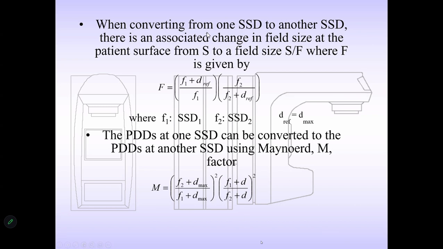And if you get a problem, it is to solve. Okay, if you want to know what is the PDD for a specific SSD, then you just multiply it by the Mayneord factor. This is the Mayneord factor, where F1, F2 are the SSD distances, D is the depth, and Dmax is the reference depth.